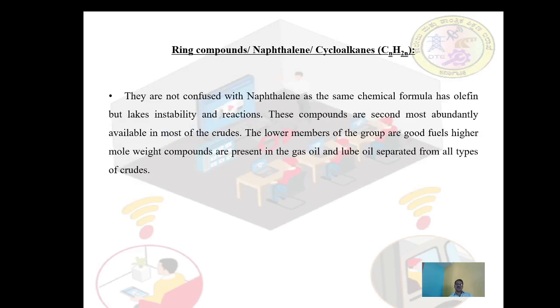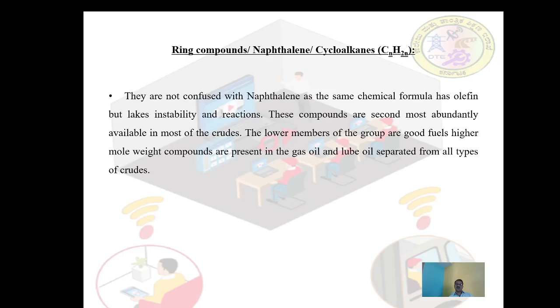The fourth classification is ring compounds, naphthenes or cycloalkanes, CnH2n. These are not to be confused with naphthalene. They have the same chemical formula as olefins but lack their instability and reactivity.